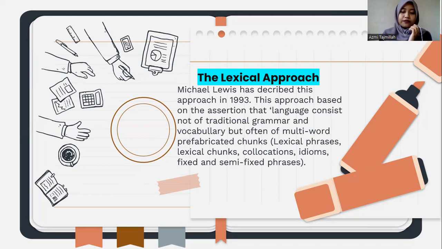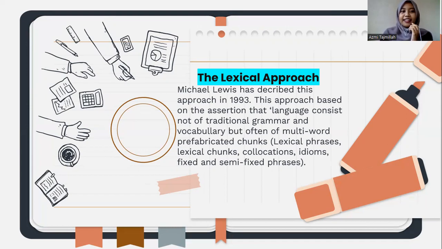And instead of teaching will for the future, this approach focuses on its use in a series of typical utterances. For example, I'll give you a ring. I'll be in touch. I'll see what I can do. I'll be back in a minute.